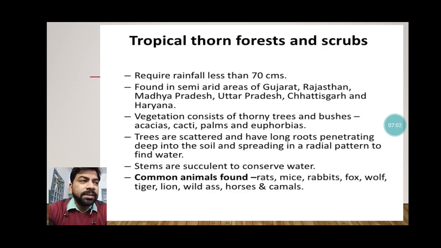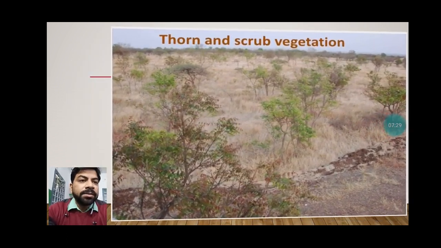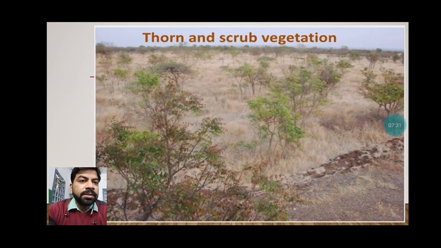These stems are very thick and fleshy so they can conserve water. If you see the cactus plant, you can understand how it stores water. Common animals found in these forests are rats, mice, rabbits, fox, wolf, tiger, lion, wild ass, horses and camels. You can see this is the thorn and scrub vegetation.